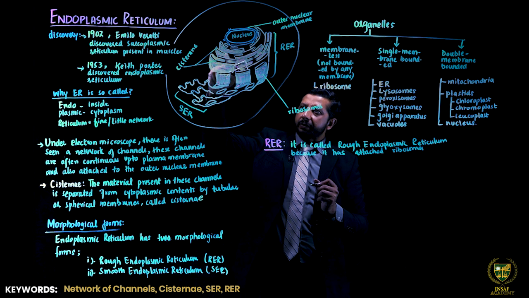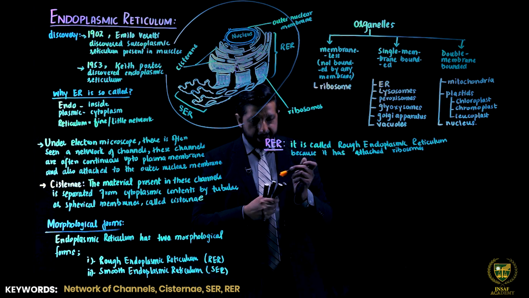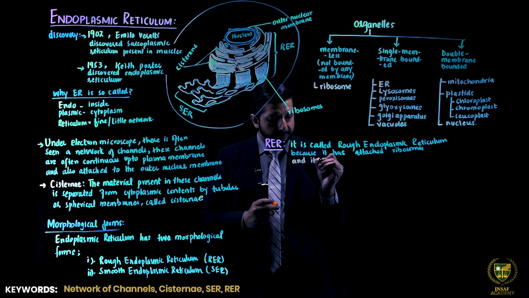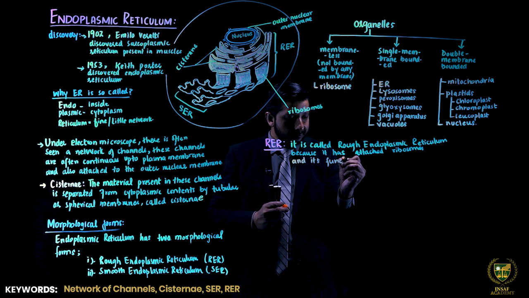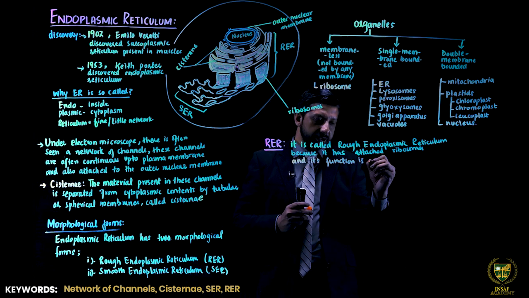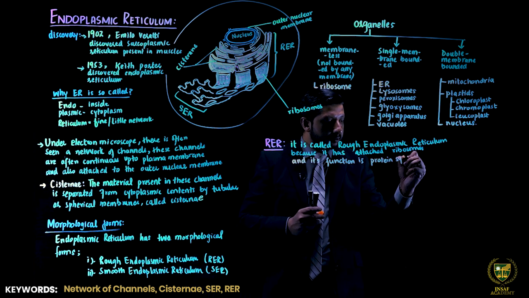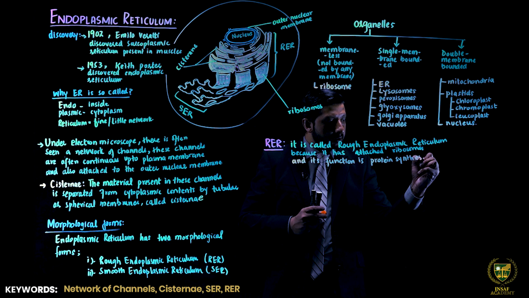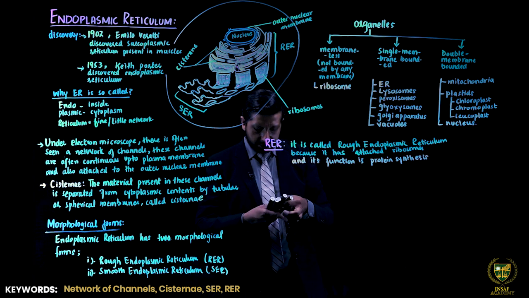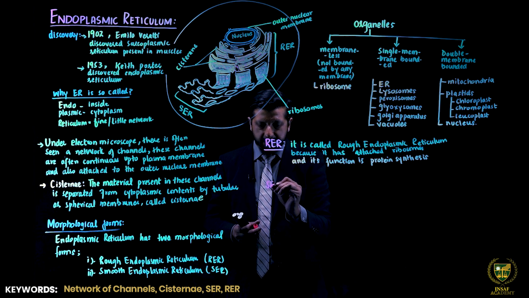Okay, it gets this rough appearance because of what? Because of the presence of ribosomes, and its function is, since there are ribosomes, protein synthesis. Clear? Protein synthesis. Major. And the second morphological form is smooth endoplasmic reticulum.